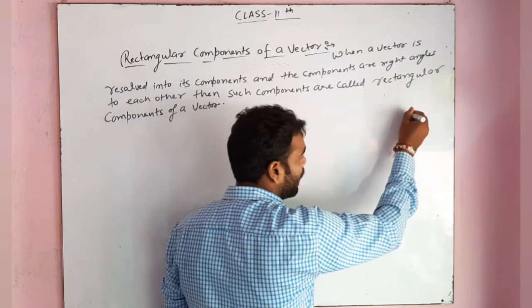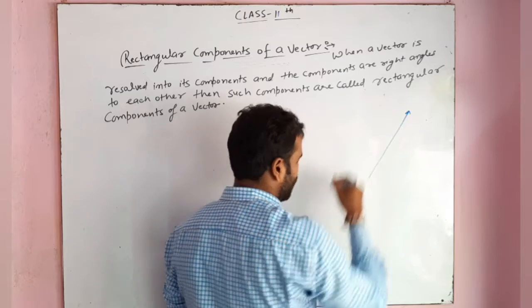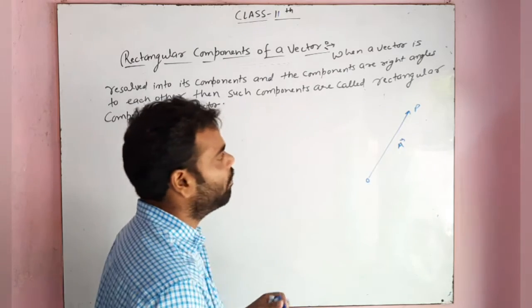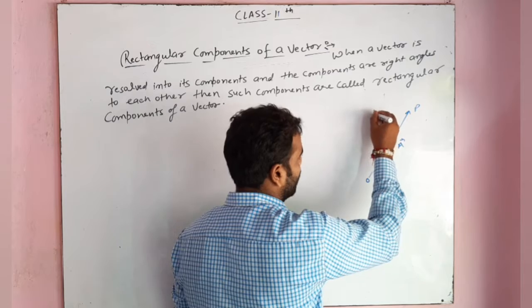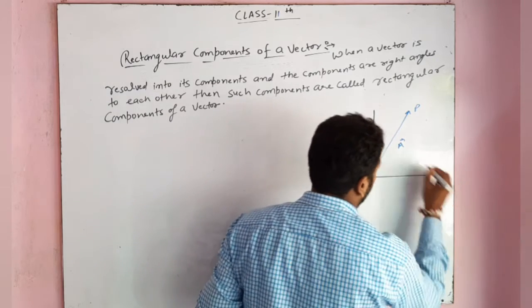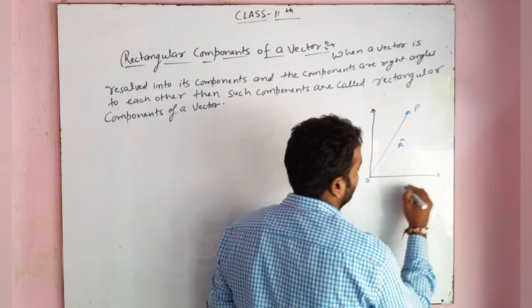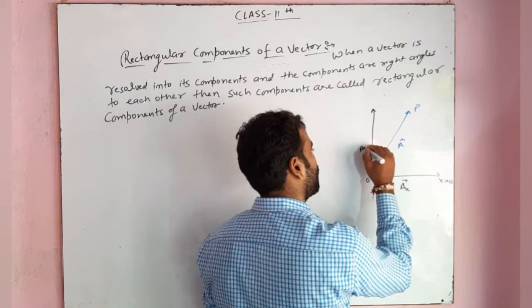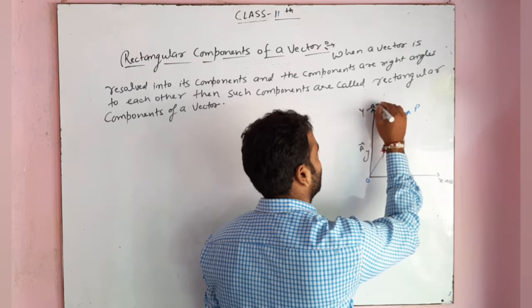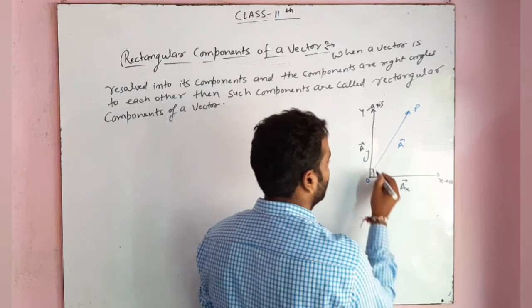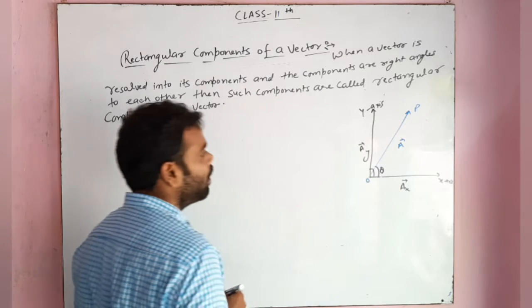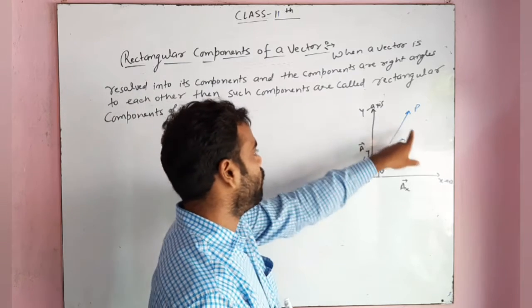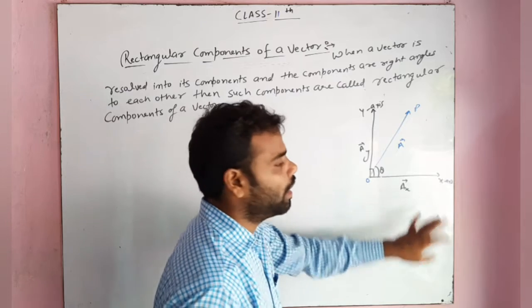So let us see in the example. The vector A which is given to you, the line OP represents vector A. In this condition, vector A has been defined in two component vectors, where Ax vector is along the x axis and Ay vector is along the y axis. Clear? And they are at right angles to each other, and the angle theta is from the vector Ax. The vector A makes an angle theta with the vector Ax.